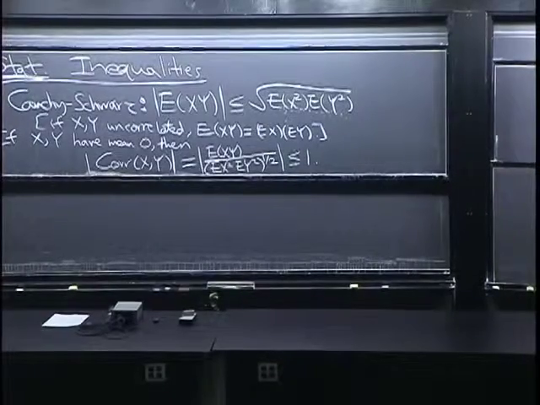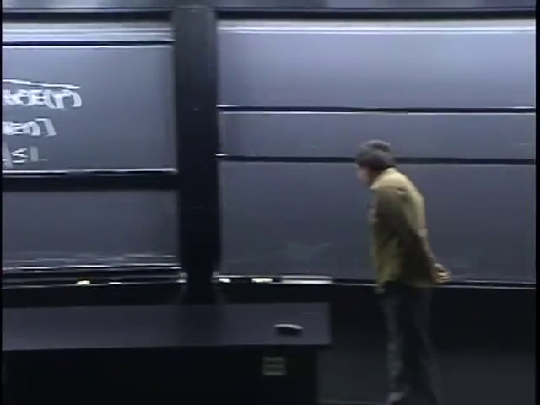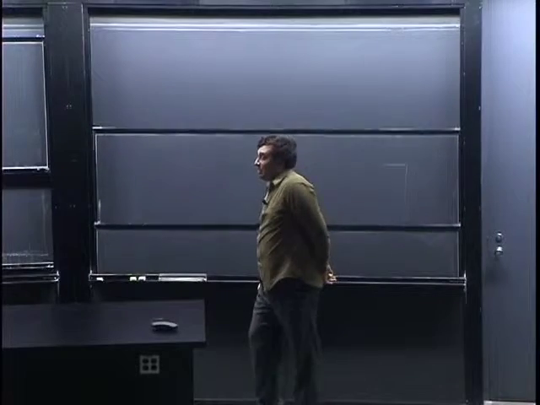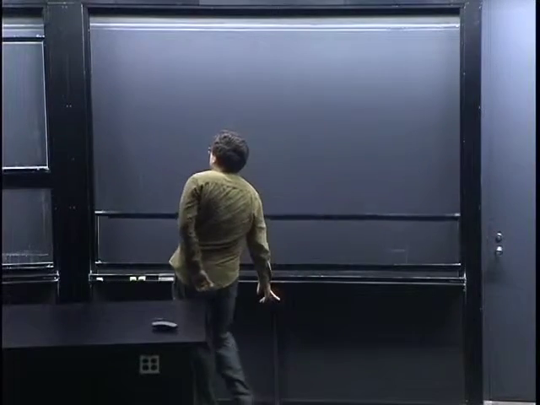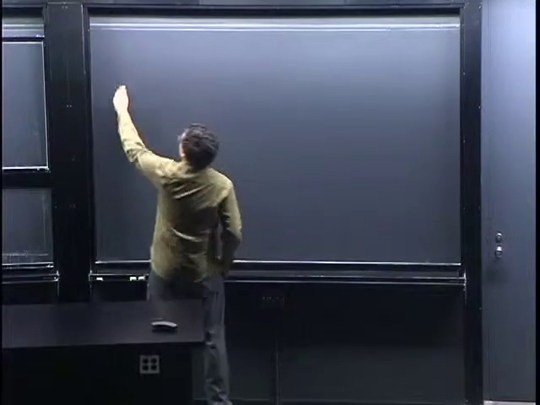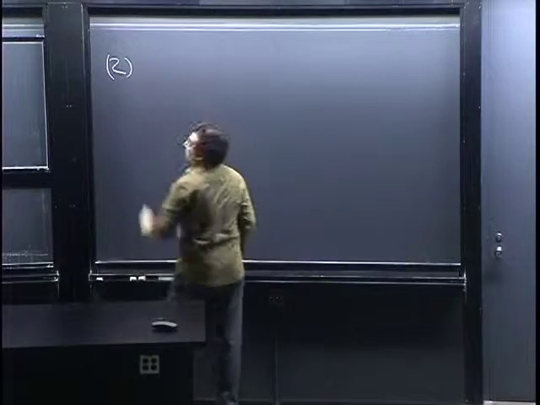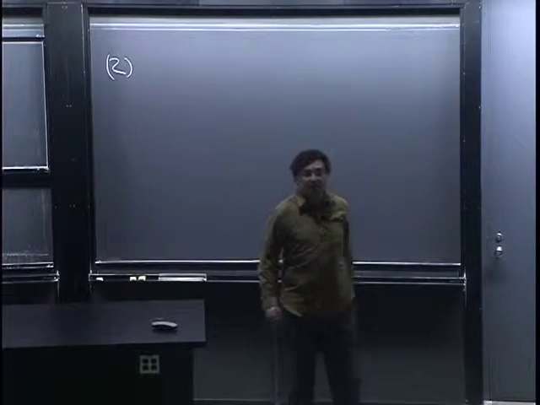Okay, so our second famous inequality is Jensen's inequality, which we've already kind of seen versions of, but we haven't stated it in general or talked about it as its own topic.